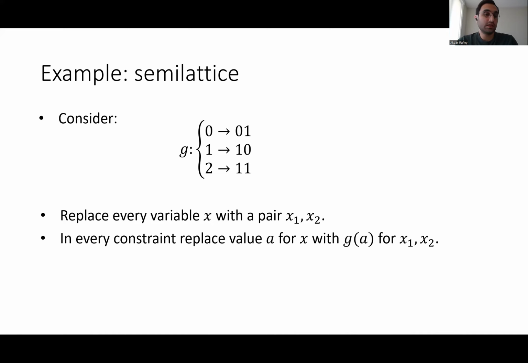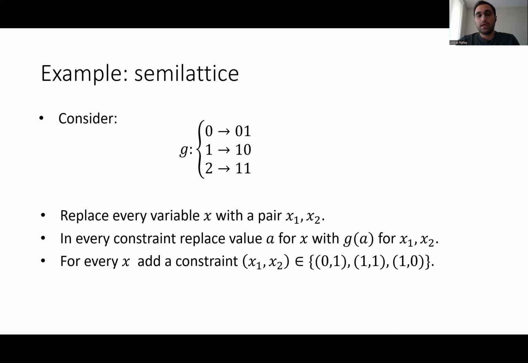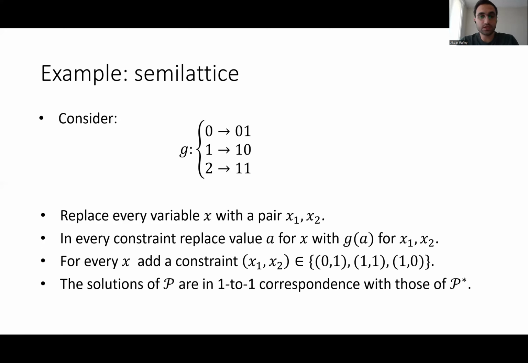And in every constraint, we replace a value A for X with G of A for X1 and X2. And we add the constraint that X1 and X2 have to be 0,1, 1,1, or 1,0. Then there is a one-to-one correspondence between solutions of P and P star.